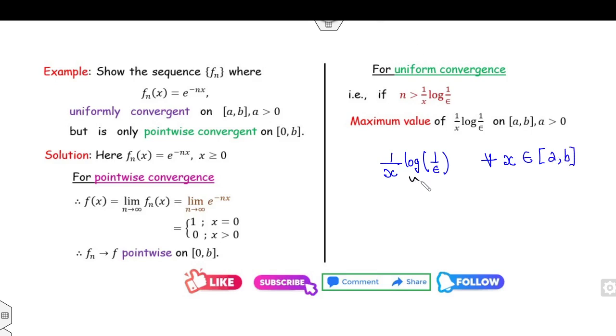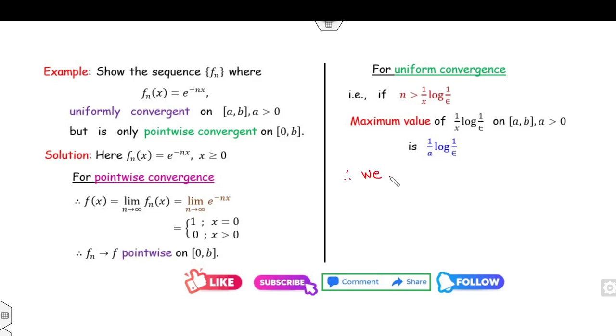Again, this quantity is a constant, and your target is to find the maximum value. How can you find the maximum value? Because x is in the denominator, x must be minimum. What is the minimum value of x? The minimum value is a. So therefore, the maximum value of this quantity is 1 over a log 1 over epsilon.